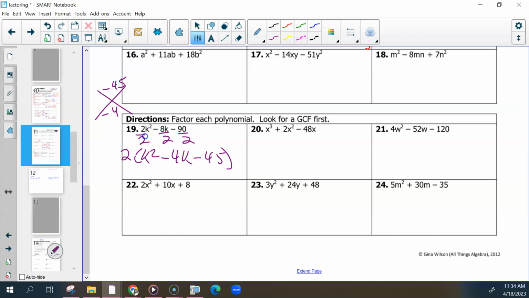Usually, the answer is always yes, and you have to figure out what those numbers are. Very rarely, the answer is no, and that would be it.